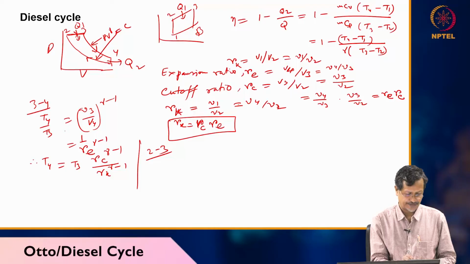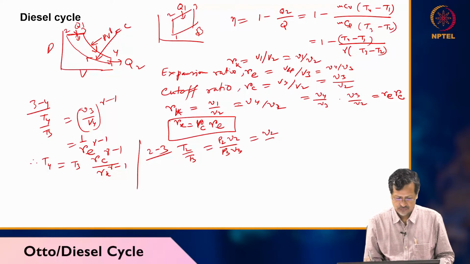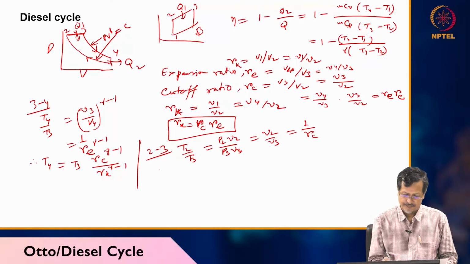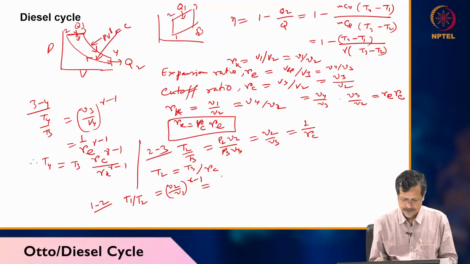So T2 by T3 equals P2V2 by P3V3 equals V2 by V3 equals 1 by RC. So T2 equals T3 divided by RC. For process 1 to 2, T1 by T2 equals (V2 by V1) to the power gamma minus 1, equals 1 by RK to the power gamma minus 1.